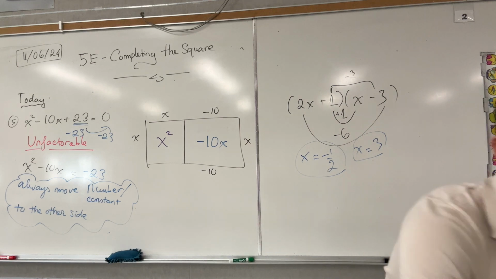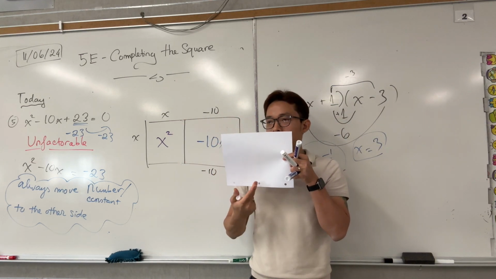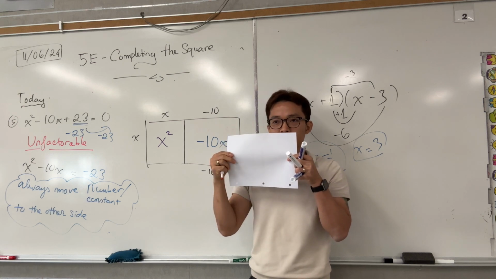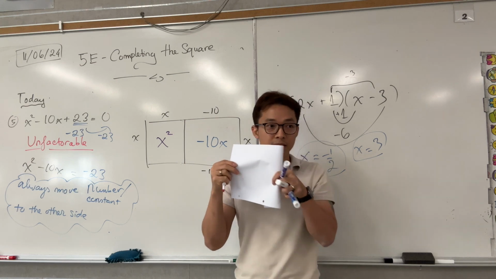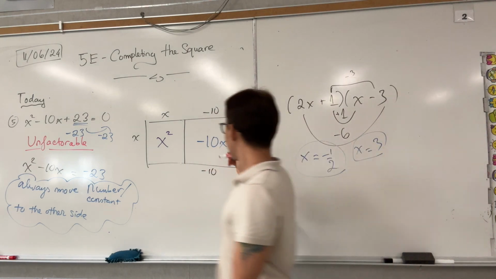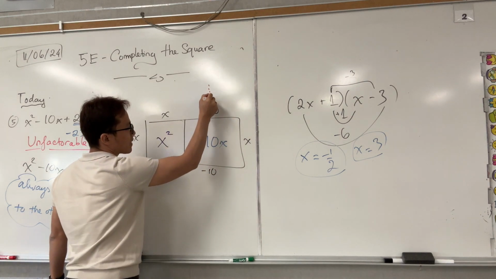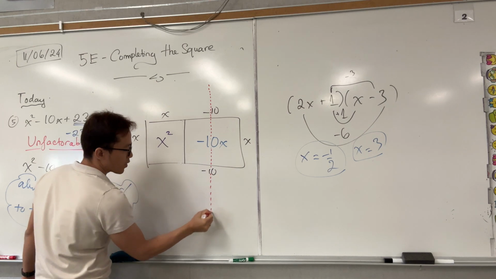If you have this rectangle, how do you make it a square? I have this side X and this side 10. I'm going to cut the 10 in half.